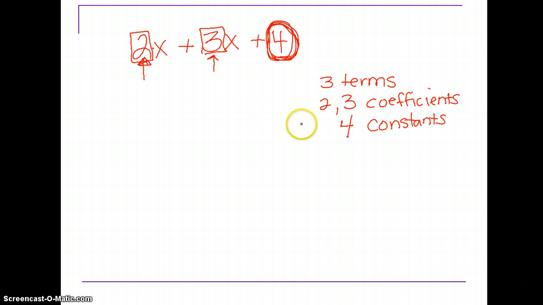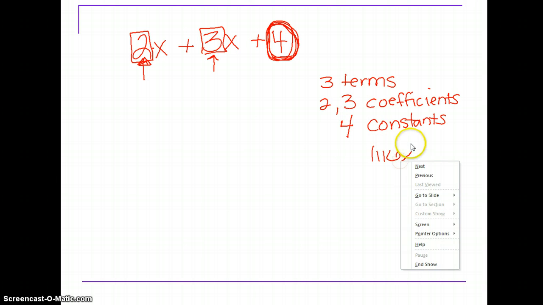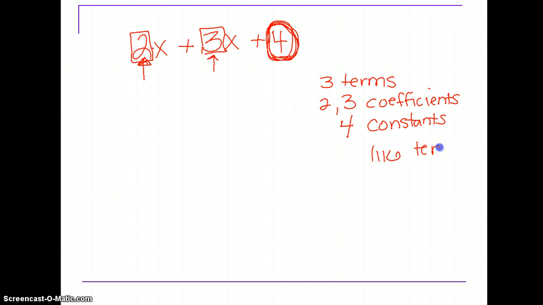You cannot have a number that is a coefficient and a constant. Like terms. The like terms are the ones that have the same variable expression, same variable, which would be 2x and 3x.